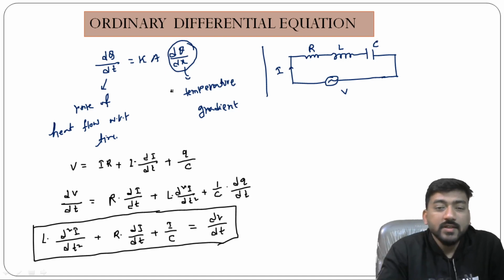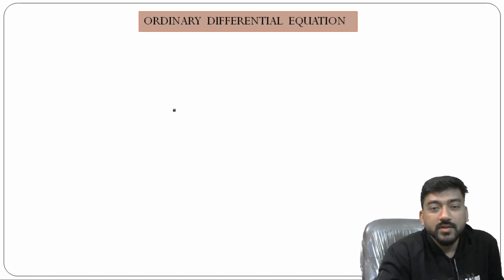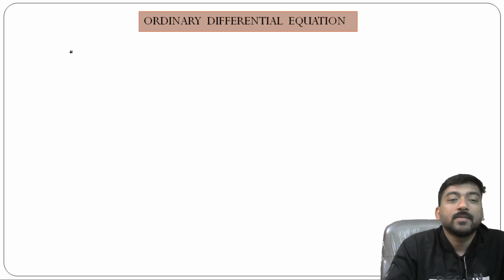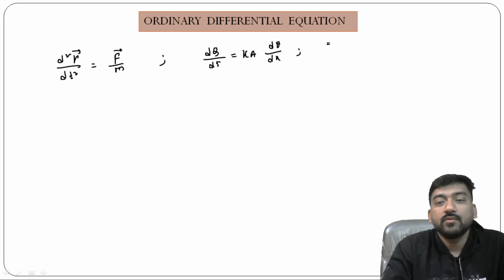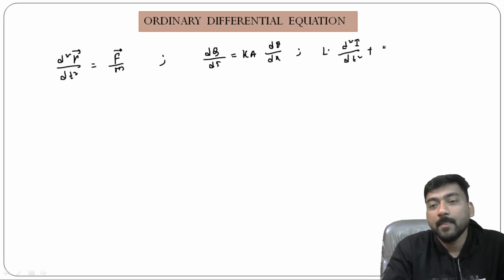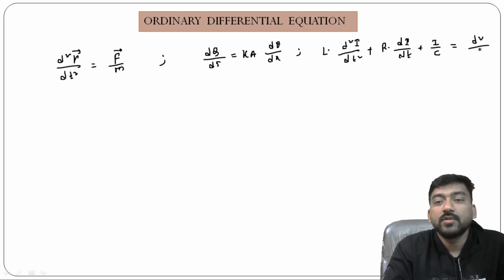You can see the equations that we have come across here. The first one is d²r upon dt² is equal to F by m. The second one is dQ upon dt is equal to KA into dθ upon dx. And we also saw another one, L into d²I/dt² plus R into dI/dt plus I by C is equal to dV upon dt.